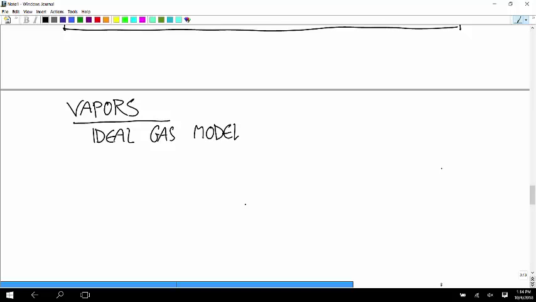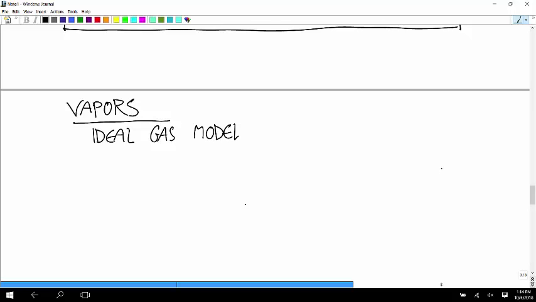It's not a real technical difference, but people tend to refer to gases as things that at atmospheric conditions are gases, like air, nitrogen, and carbon dioxide.